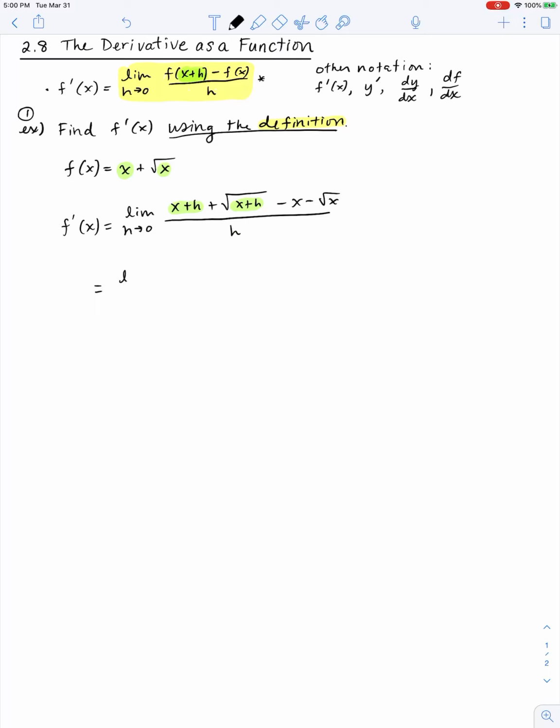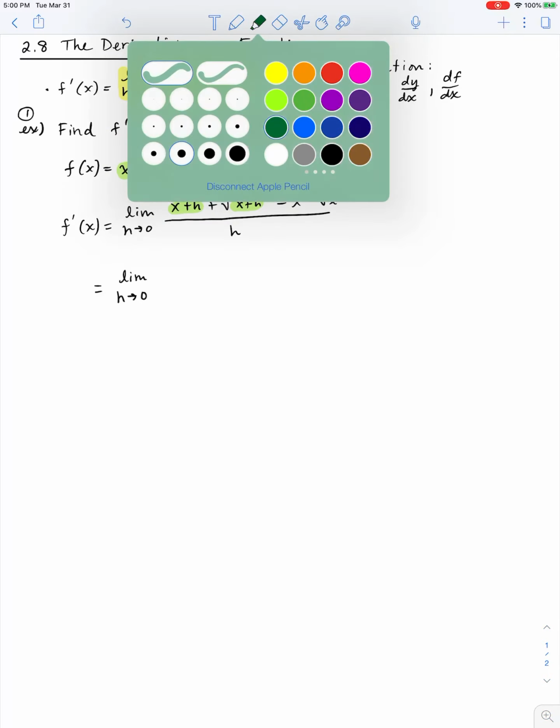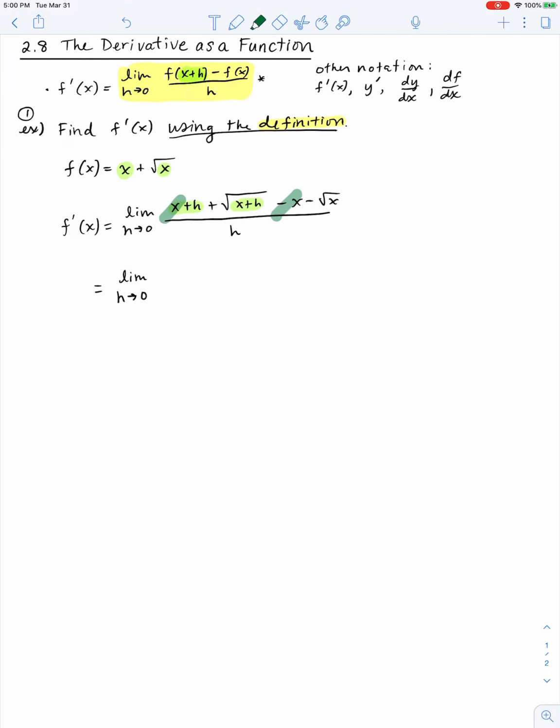So this simplifies a little bit. Notice that we've got x minus x, so those are gone. What we have left over, I want to write as the h over h separate from the square root of x plus h minus square root of x over h.